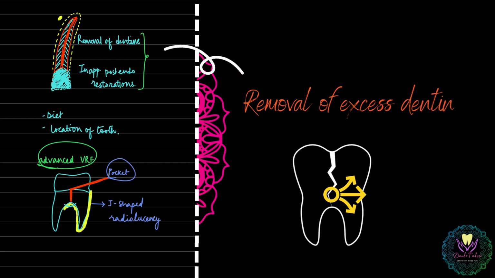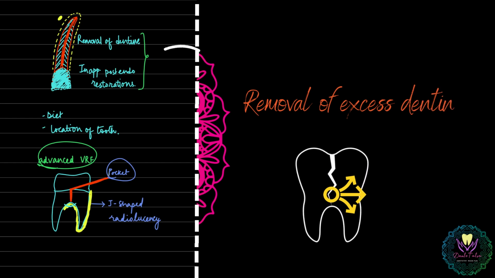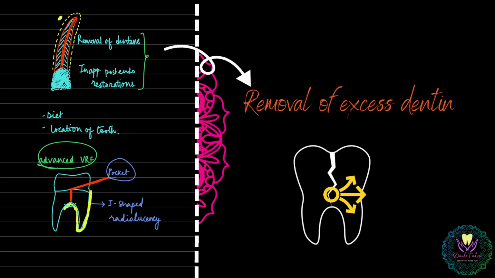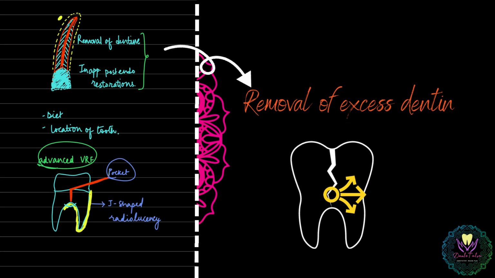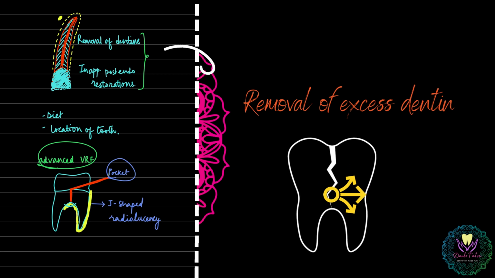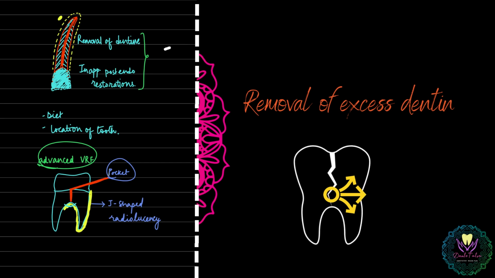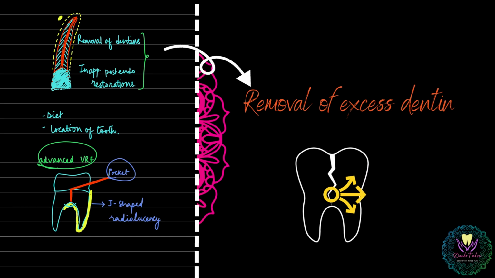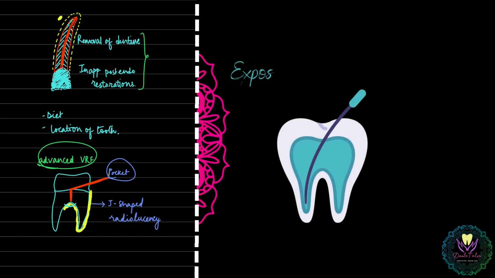Or the previous clinician, while attempting endo treatment, removed an excess amount of sound dentine. Now dentine is the strength part of the tooth, and removing an excess amount of radicular dentine will at some point result in fracture of the root, exposing the intracanal wall to disinfectants and various medicaments used during endodontic treatment, EDTA for example.